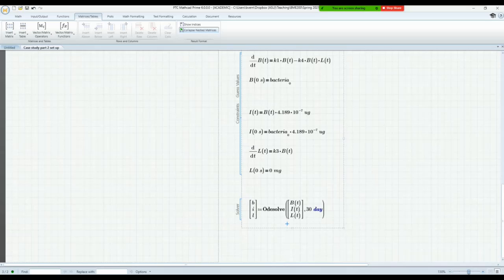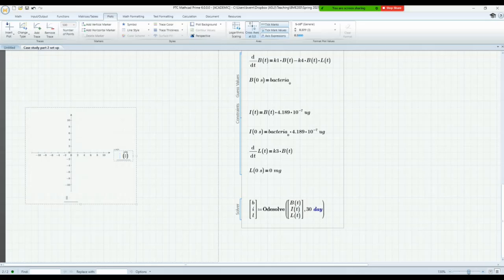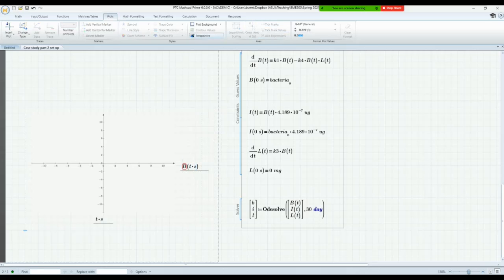So now we're going to take this and we're going to plot it. We plot this T times S. And if we look at the bacteria, oh, it's got to be the little b, sorry. The solution is down here in little b.